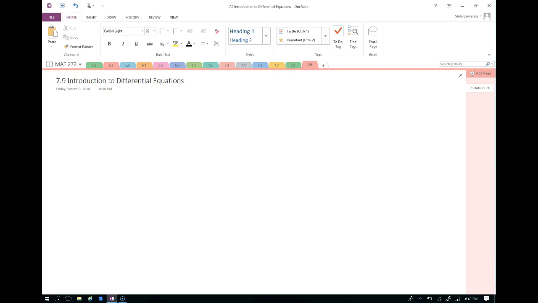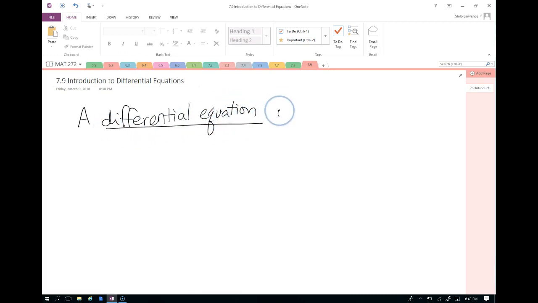So to start with, a differential equation is just an equation that contains a derivative. There's lots of different forms that we have learned for derivative, and you might see any one of them.